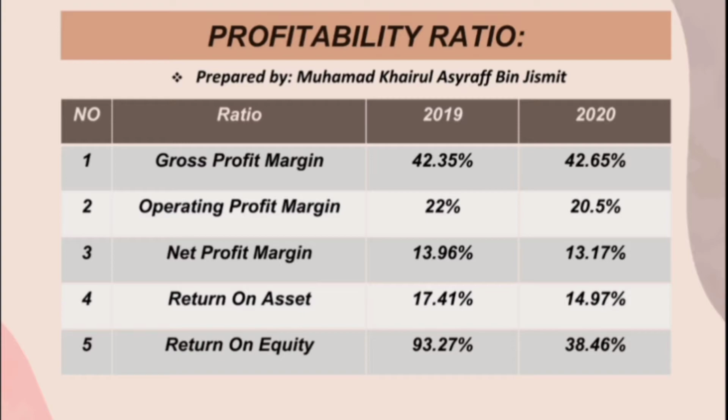In the year of 2019, the shareholder earned more profits from their investments, which was recorded at 93.27% for each ringgit Malaysia, but they earn less profits from the investment made in the year of 2020, where the percentage of return on equity was recorded at 38.46% only.